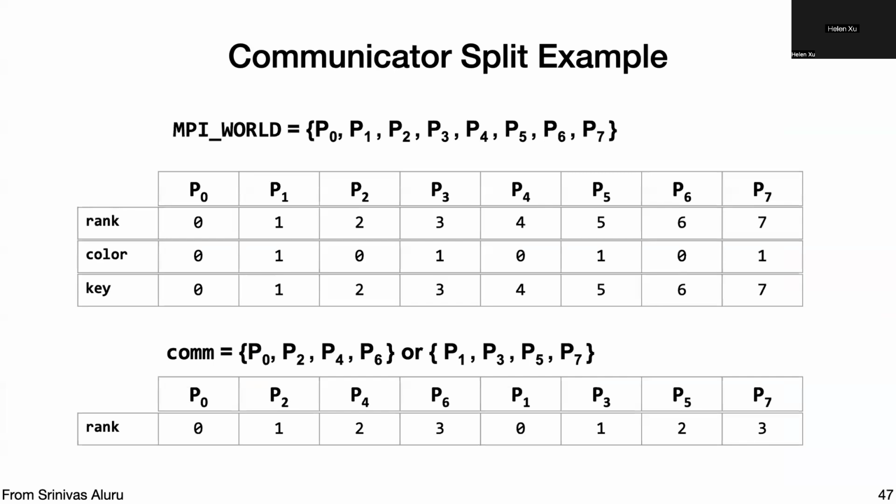The result is that the two communicators are now even: 0, 2, 4, 6, and odd: 1, 3, 5, 7. The color is just even or odd, and the key is its initial rank. But the new ranks that they get in the new communicators, like I said, cannot overlap across different communicators, like 0, 1, 2, 3 and 0, 1, 2, 3.